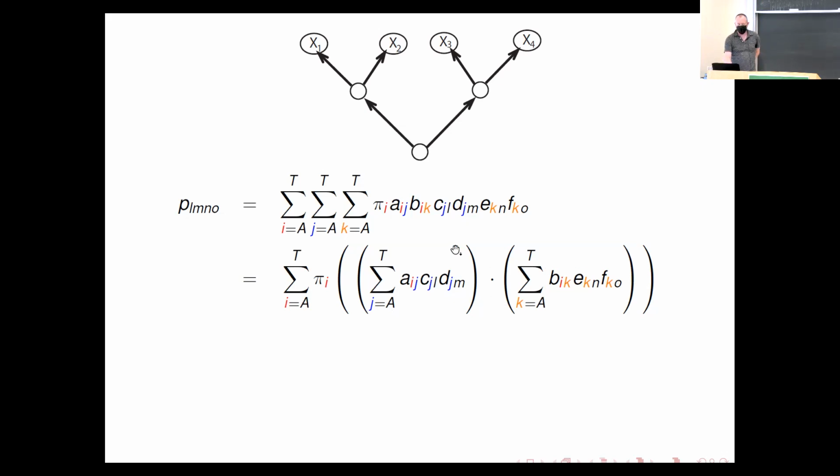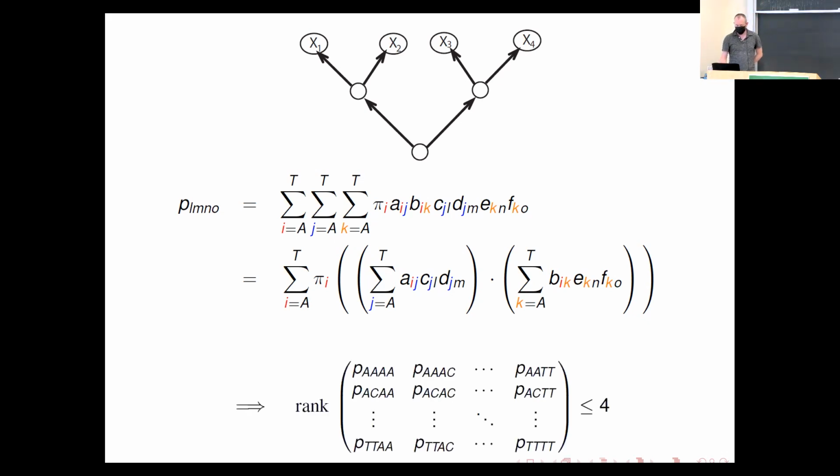So this expression is really telling me, take the outer product of those two vectors, and that's going to be a matrix of rank 1. I add 4 of those together with these weights pi, and so that's going to give me a matrix of rank less than or equal to 4.